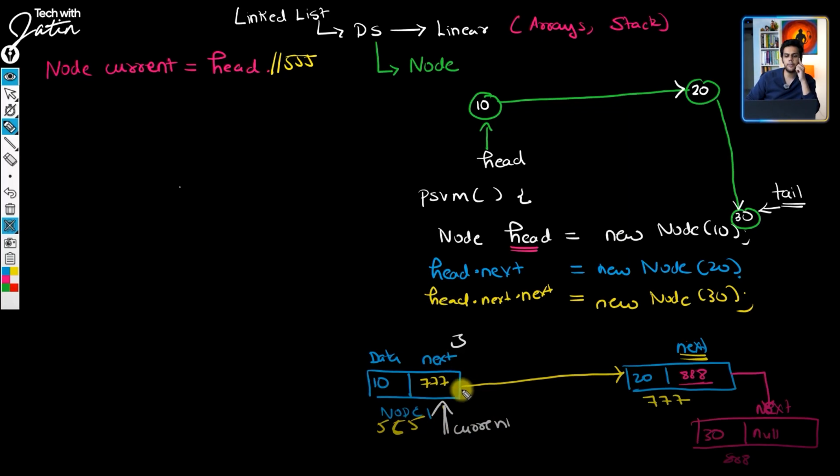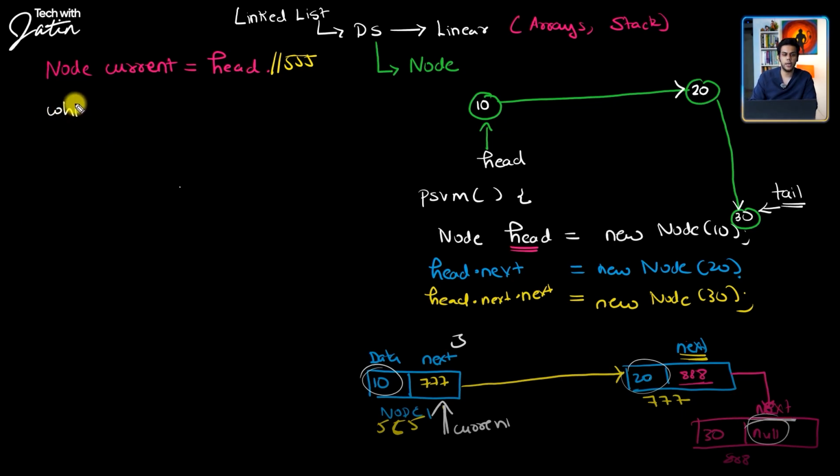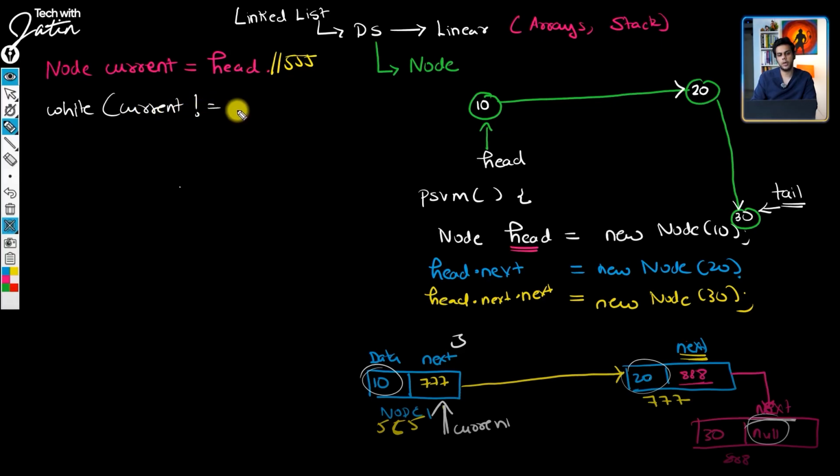Now we have to keep on reading the data, moving to the next memory location, reading the data, moving to the next location till current becomes null, because the last node's next reference is going to be null. So over here we will say while current not equal to null, keep on doing something.